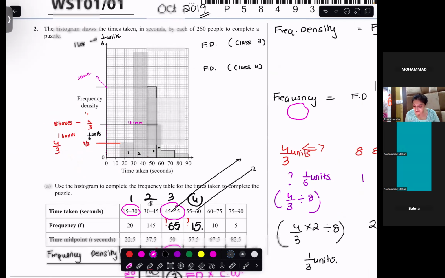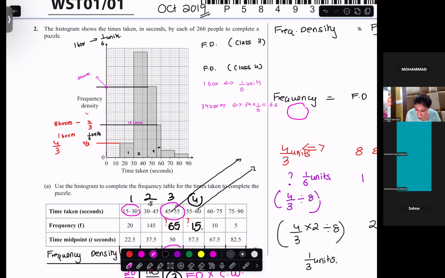We want the frequency density. I know that one box is 1 by 6 units. So 39 boxes would be 39 into 1 by 6. That makes it 6.5.